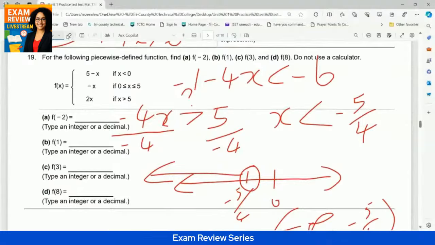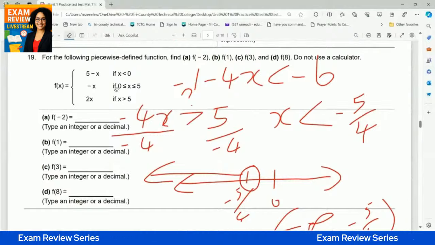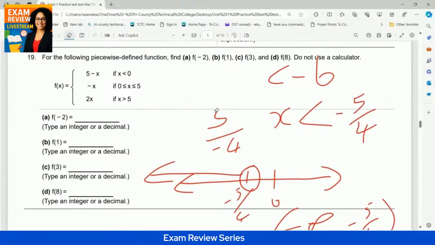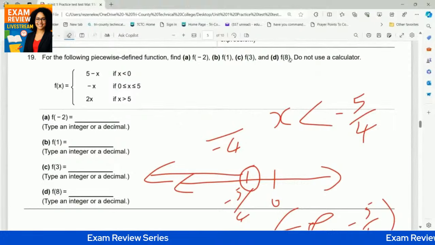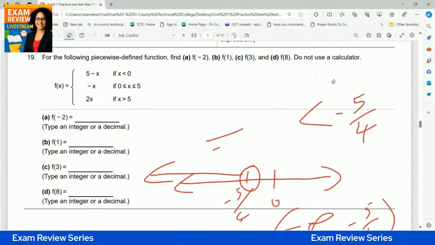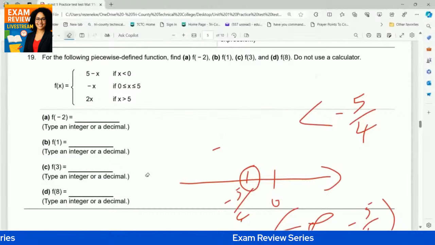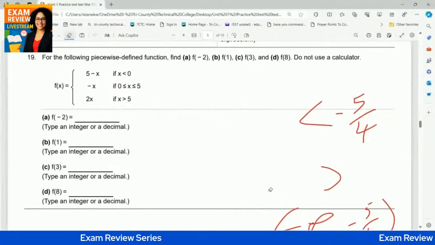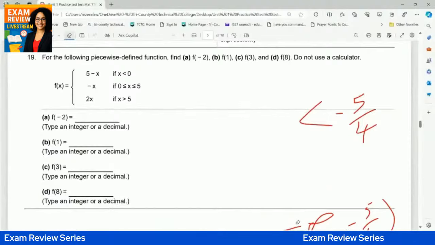Okay, well, suppose I am given an absolute value, a piecewise defined function, and I'm told to evaluate the function. I haven't been told to graph. We shall graph it next class. But suppose I am given a piecewise defined function, which you will be given anyway.